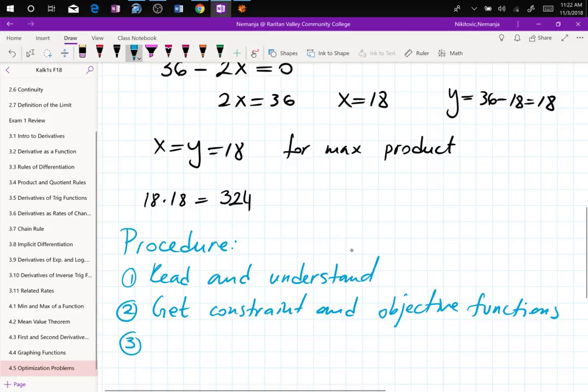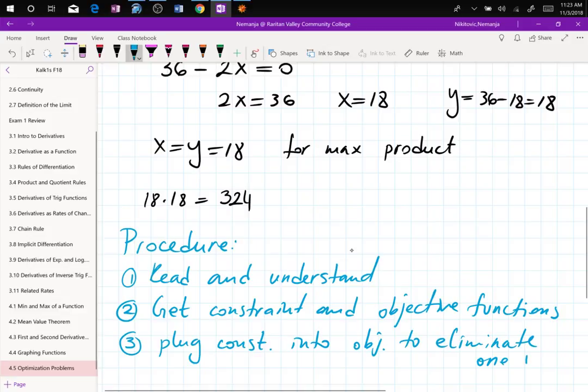Number 3, plug constraint into objective to eliminate one variable.